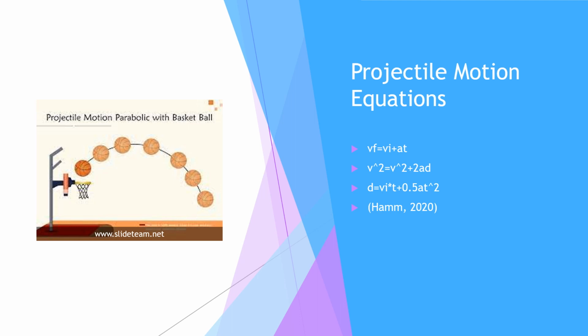Final velocity squared equals the initial velocity squared plus 2 times the acceleration and displacement. And the third is displacement equals initial velocity times the time of the flight plus 0.5 times acceleration times the time of the flight squared.